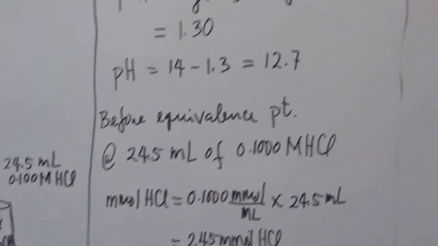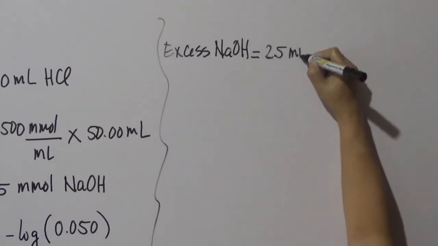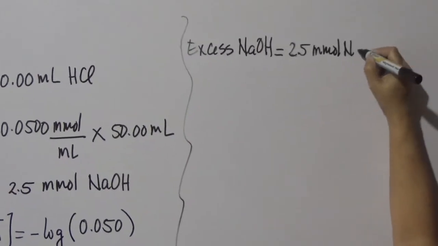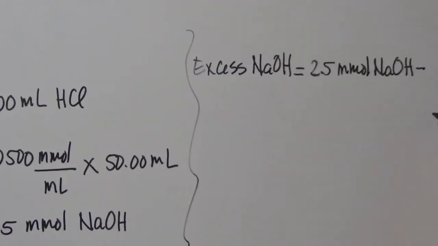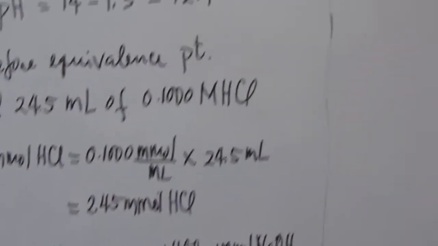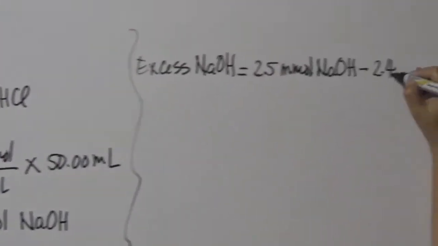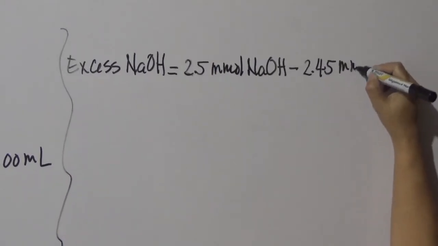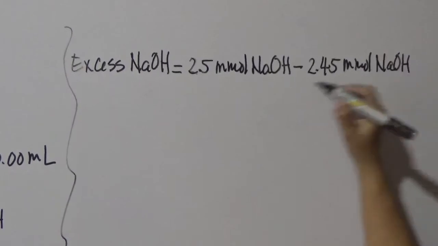Because originally we have 2.5 millimole of sodium hydroxide, minus the amount consumed to react with 2.45 millimole of hydrochloric acid. So the amount of sodium hydroxide reacted is 2.45 millimole.